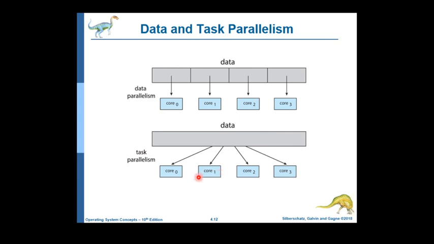They might use the same data or different data, but they will perform a unique operation on each core. So that is the difference between data and task parallelism.